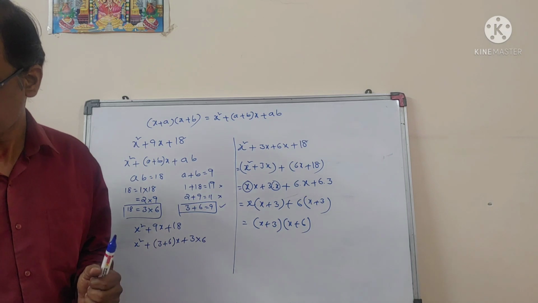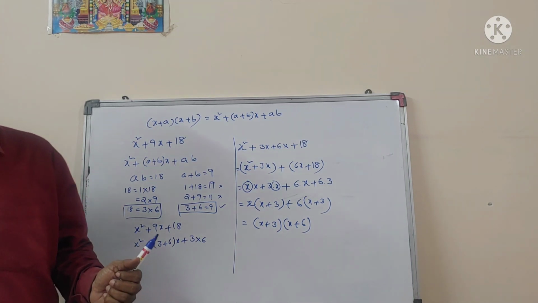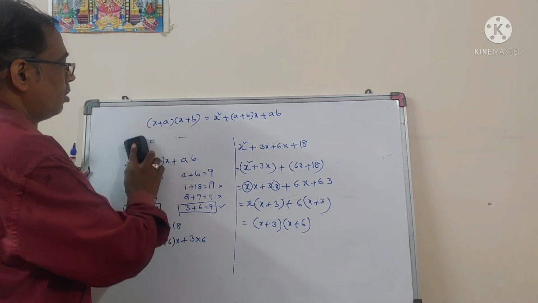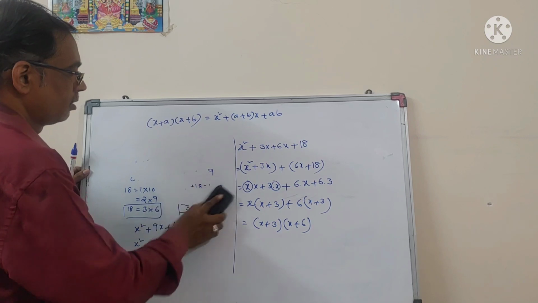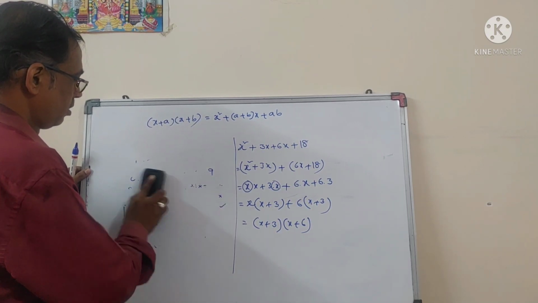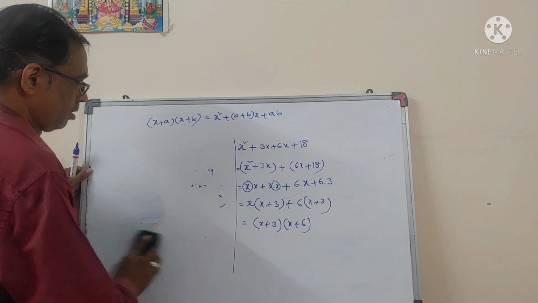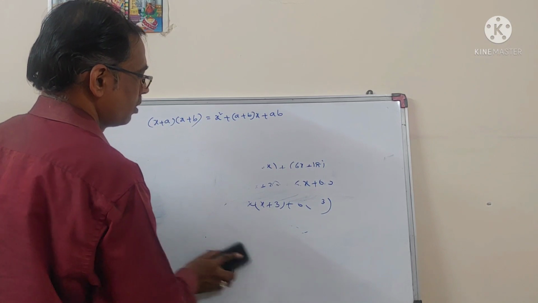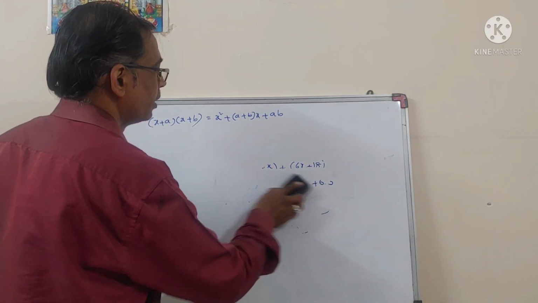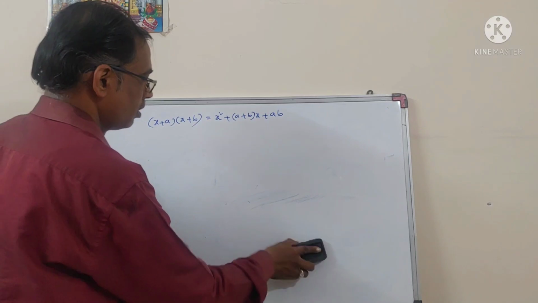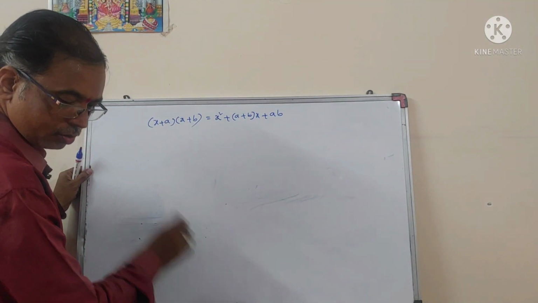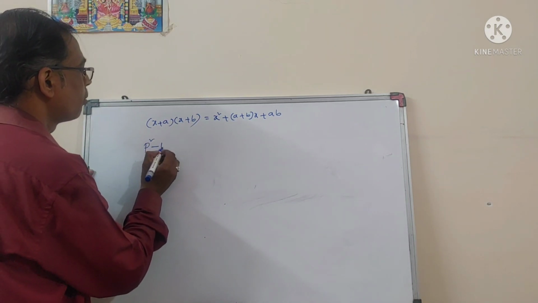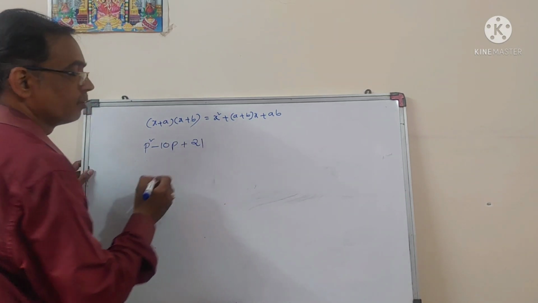So we have to take one more sum for better understanding. By the same method, we can apply this identity. Now see this, here we have one more sum, p square minus 10p plus 21.